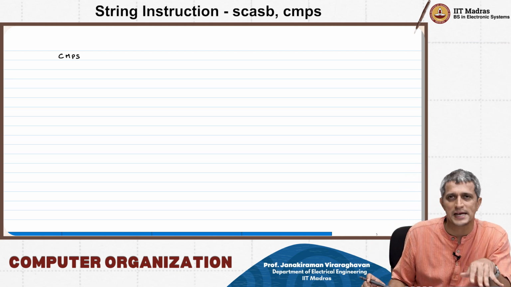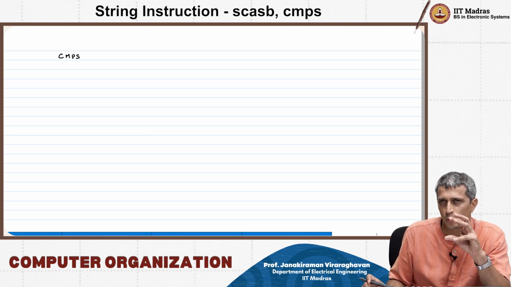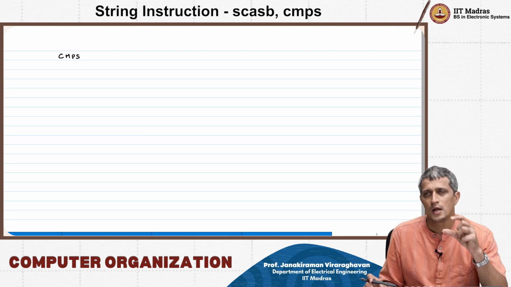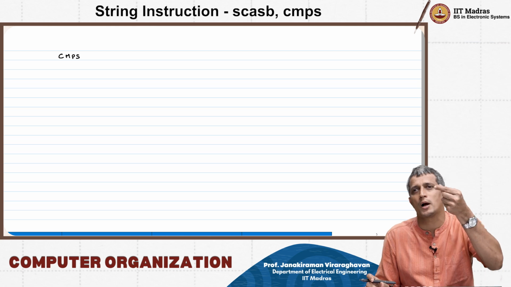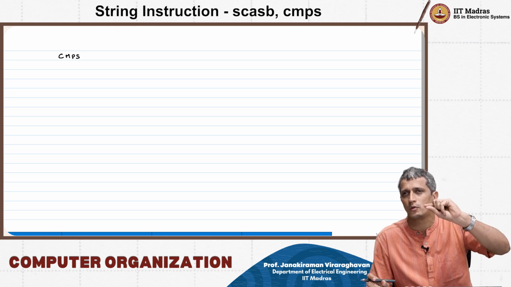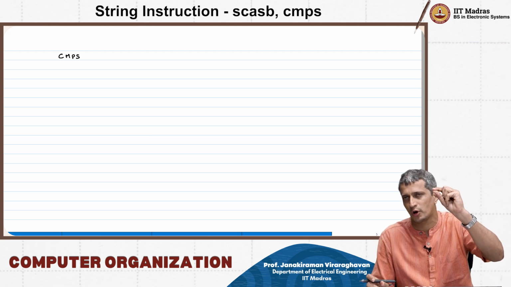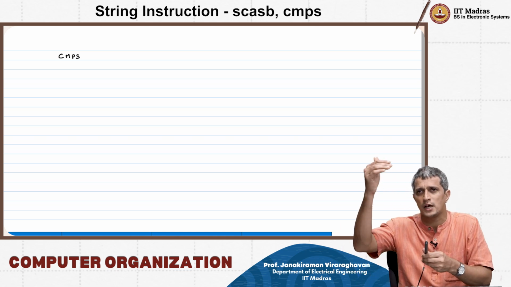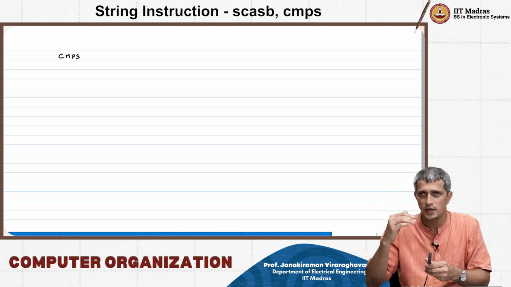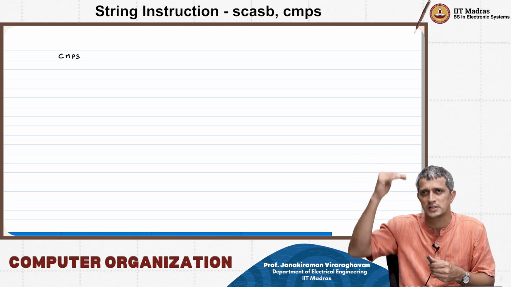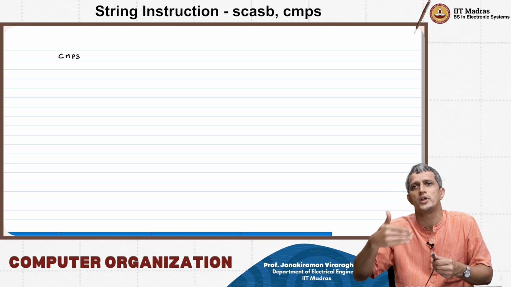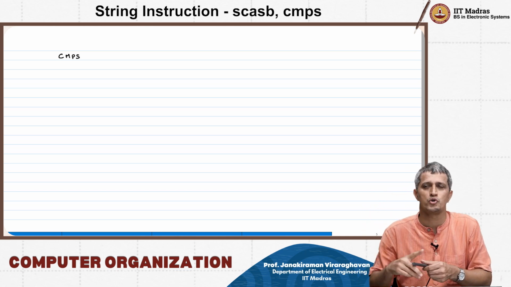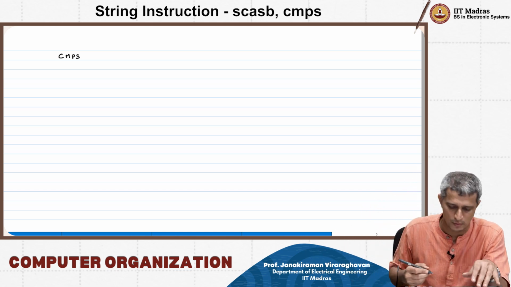So CMPS is very similar. If you look at it, there is no data movement, but instead you are going to compare values in these memory locations, just like in the MOVS byte. In MOVS byte, you actually move data from SI to DI. Here you are just going to compare contents of SI and DI, and keep doing this using the REPNE operation, right?